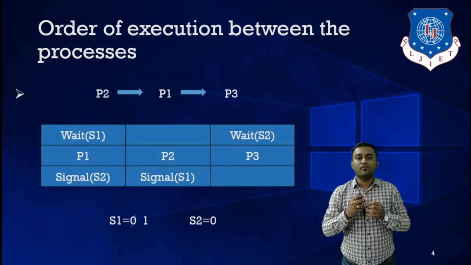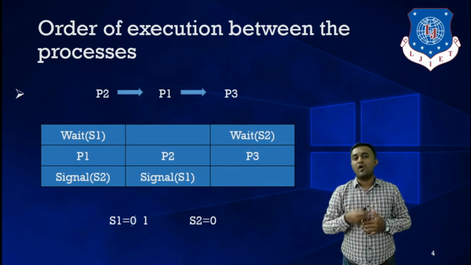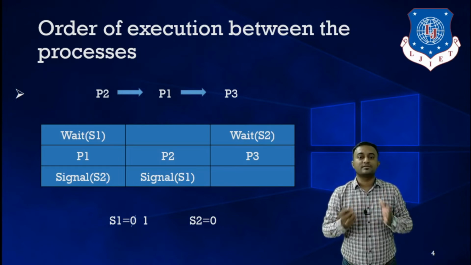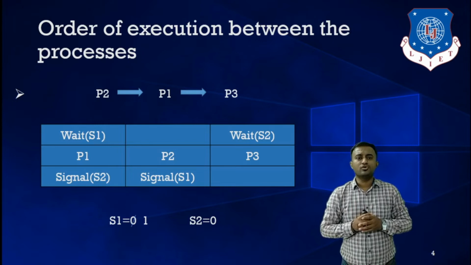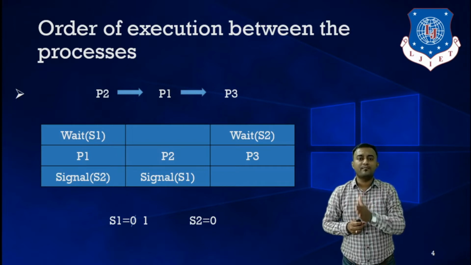If such a requirement comes into existence, how can we solve this problem of dependency among the processes with the help of semaphore? Let us discuss. What is my order of execution? P2 followed by P1 followed by P3.